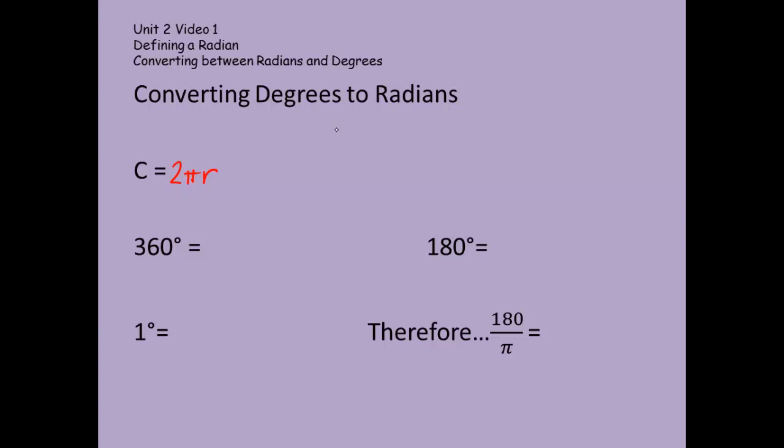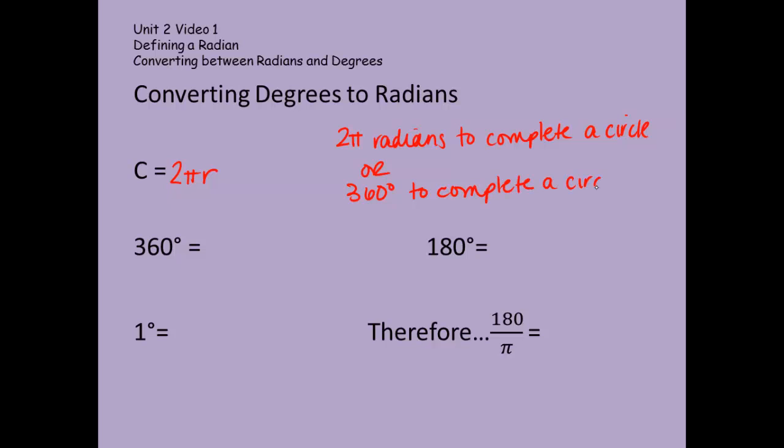So what we can say is that it takes 2 pi radians to complete a circle, or 360 degrees to complete a circle. Therefore, we have 2 pi radians equal to 360 degrees.